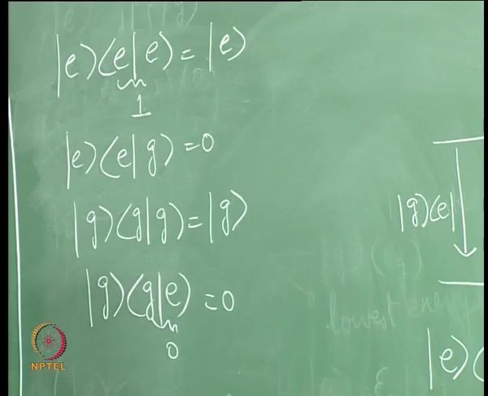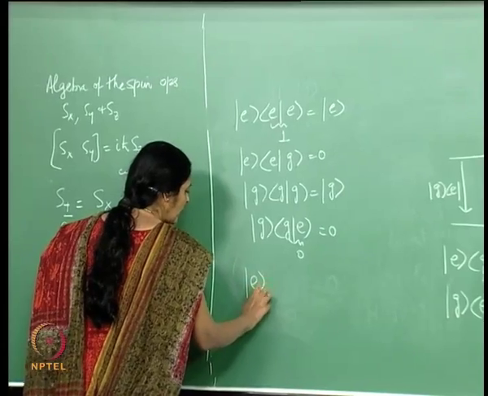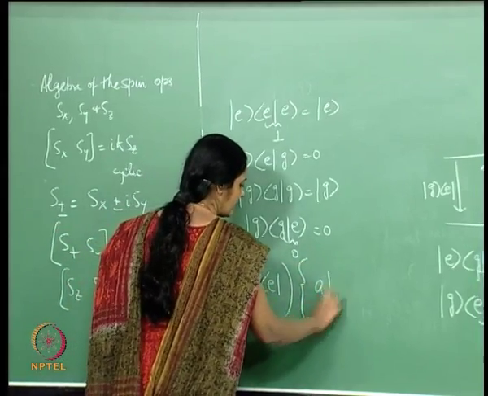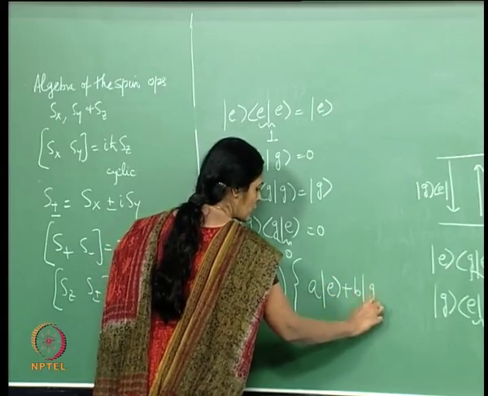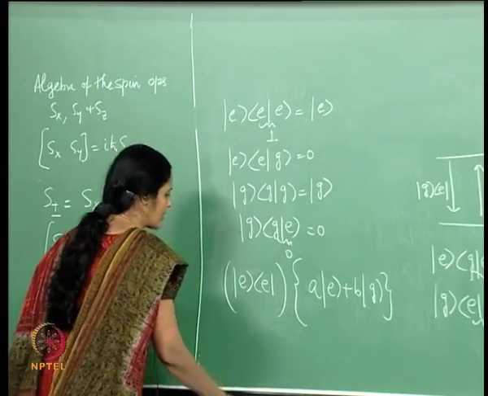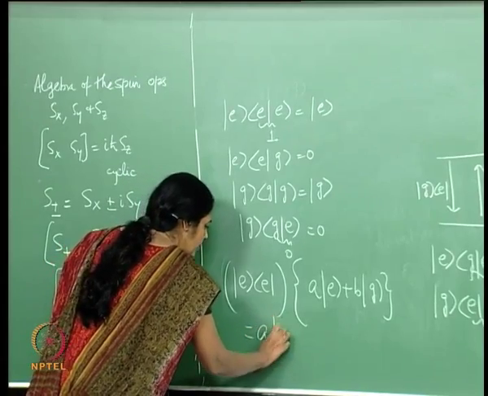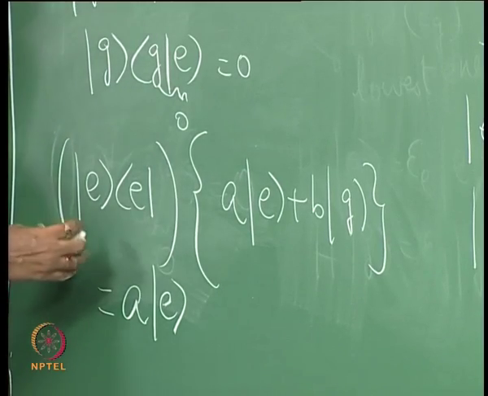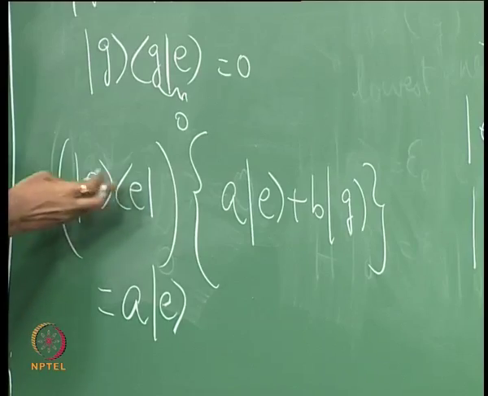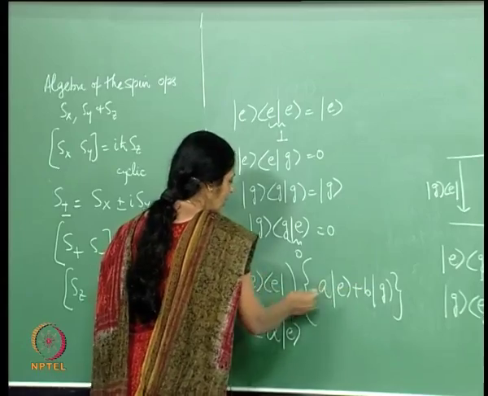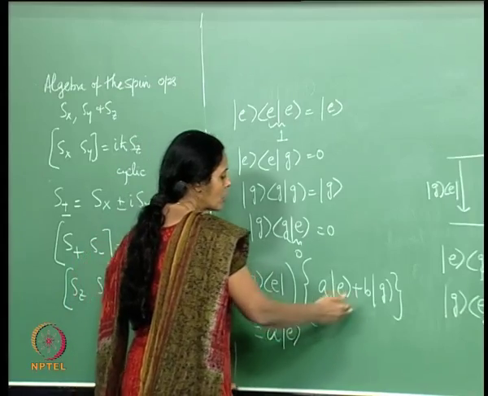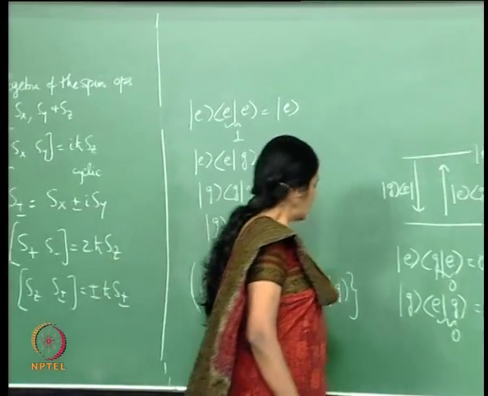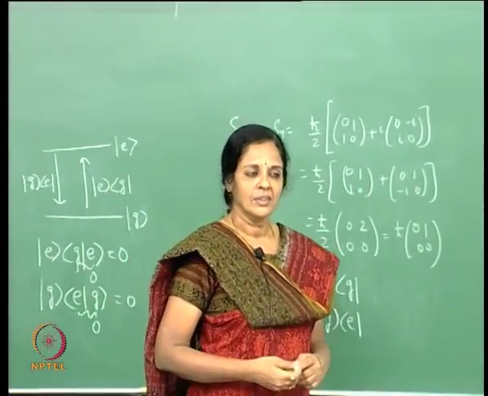Now from this it is evident that when the operator |e><e| acts on a generic ket which represents a vector in the linear vector space, it simply gives me a ket e. Similarly, if I replace all the e's by g's, the operator |g><g| would simply project out the component of the state in the direction of the basis vector g.